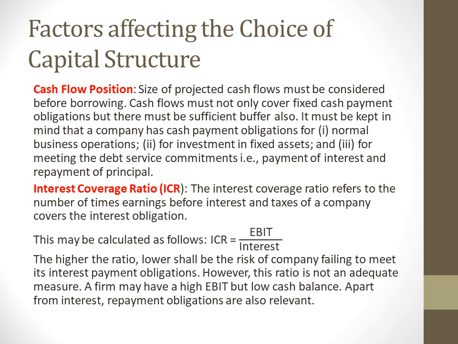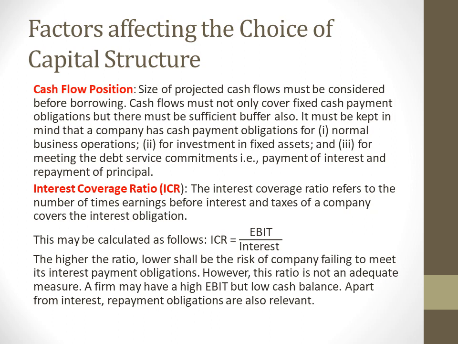The next one is interest coverage ratio. Interest coverage ratio means how many times the interest will be paid in relation to profits. That interest coverage ratio can be calculated in number of times with the relationship between earning before interest and tax of a company and fixed interest obligations.